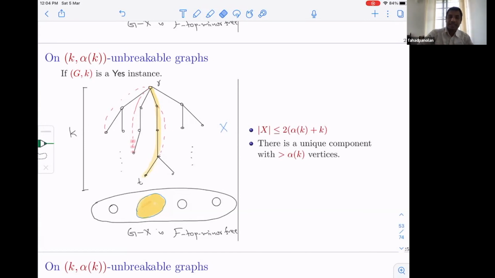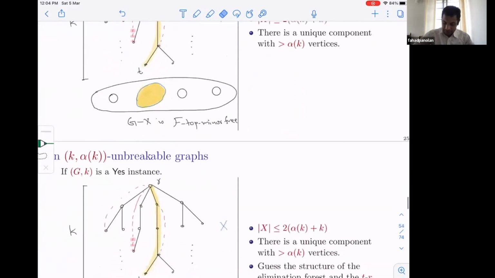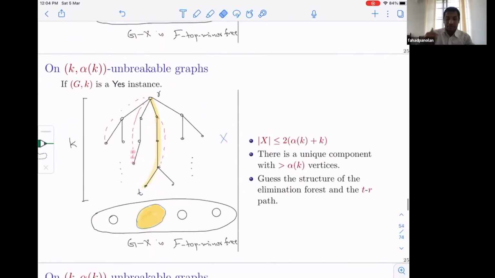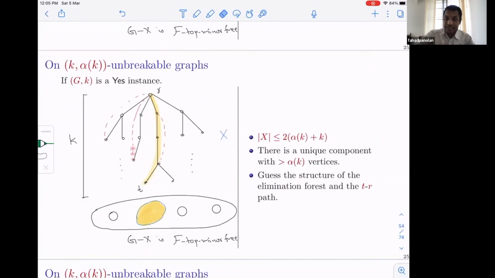So that is the high level overview of what we are going to do. Now I'm going to explain it in detail. As I mentioned, we are going to guess the structure of the tree and which path is this special path where, in my hypothetical solution, the unique component is going to have neighbors.